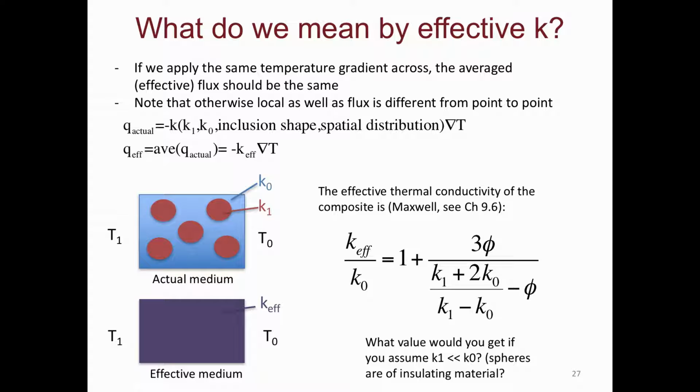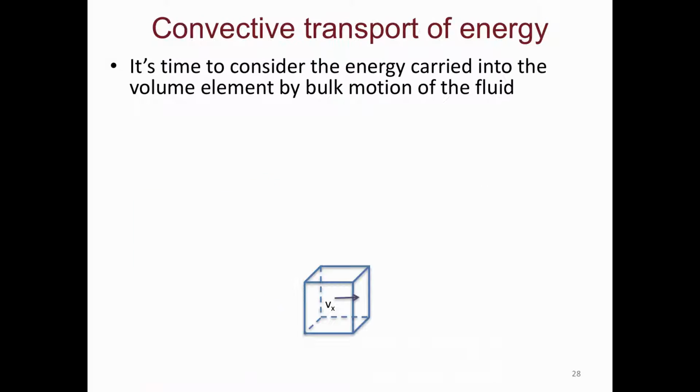So then all you have is 1 plus 3 phi over 1 minus phi. So when you have a nice formula like that, you can play with limits and behavior, which is always the benefit of having a formula. And if you have something that is ultimately too complex, then you just have to do a simulation or an experiment to actually figure out what's going on. So that's all great.